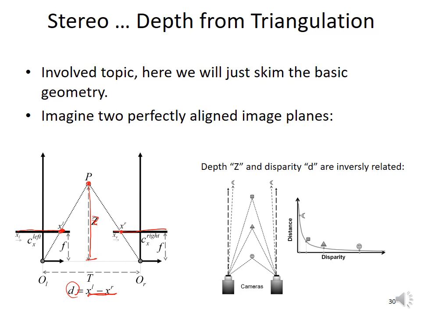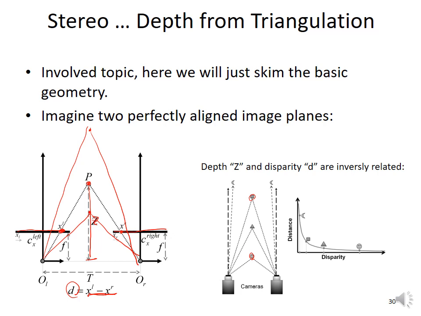When an object is near to the camera, the disparity becomes bigger, and as P moves away, the disparity becomes smaller. So objects that are near and objects that are far away from the camera have different disparity.